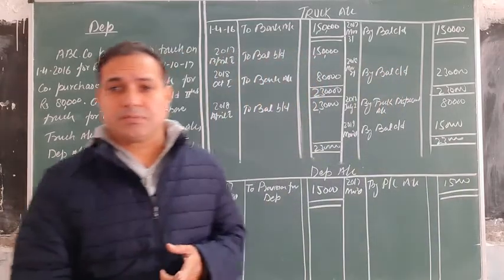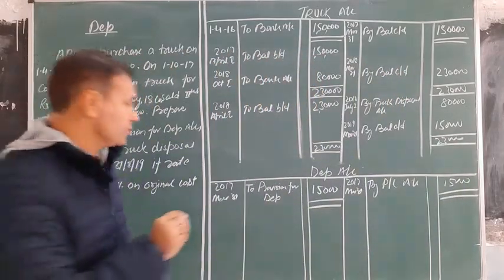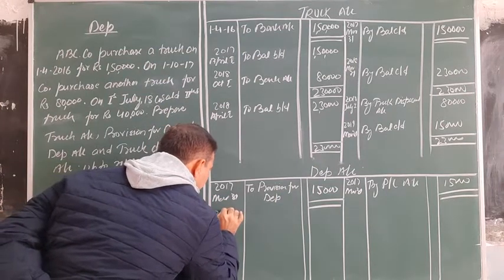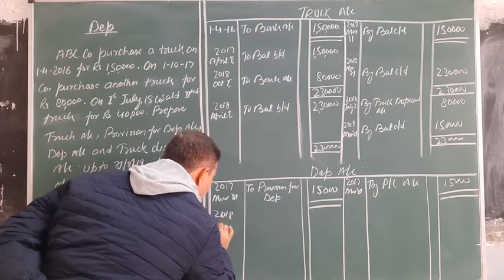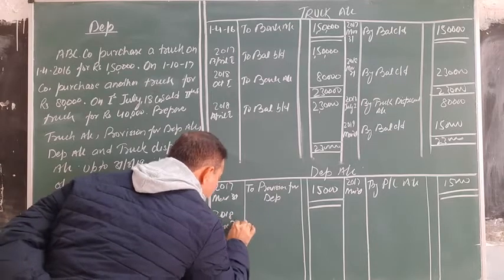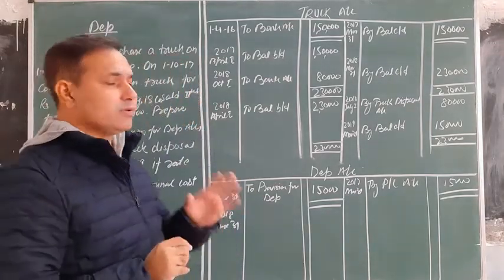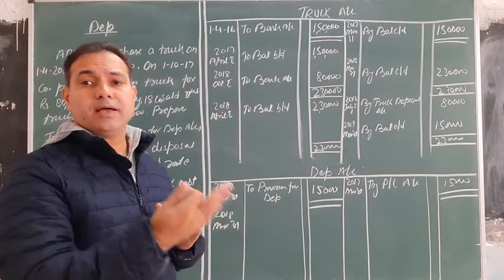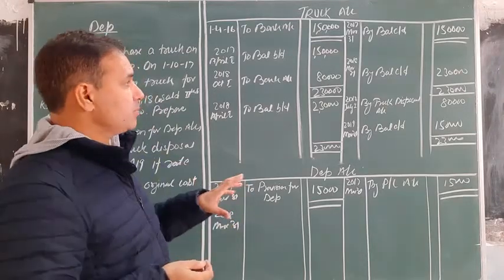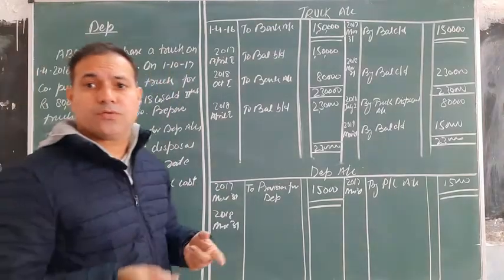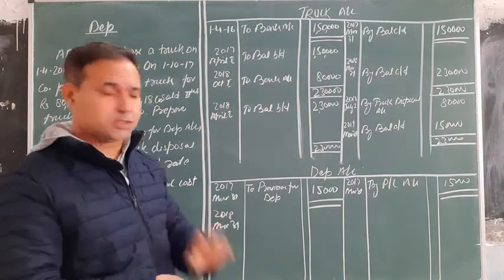Now we will charge depreciation on 31st March 2018. On 2018 March 31, we will charge that on two machines. On the first machine we will charge that for the whole year, and on the second machine we will charge depreciation for 6 months, because we purchased the machine on 1st October, from October to 31st March.